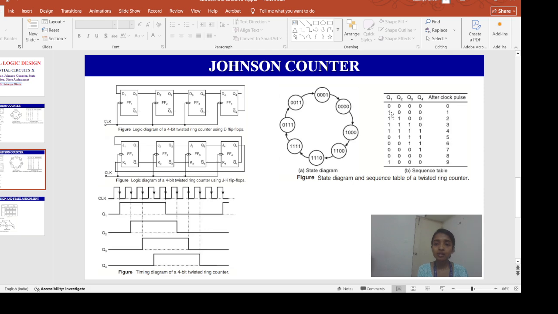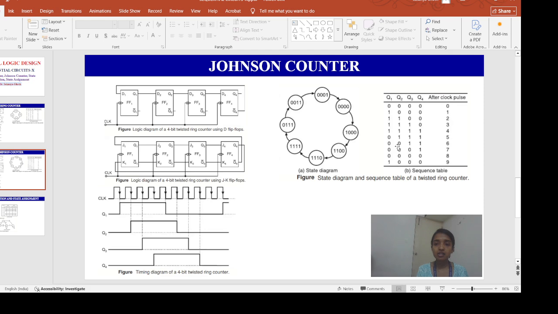Then again Q1 shifts to Q2, Q2 to Q3, Q3 to Q4, and again Q4 bar, 1, will come to Q1. This repeats, so this is how it will proceed. After the 8th clock pulse, you can see the counting sequence gets repeated.